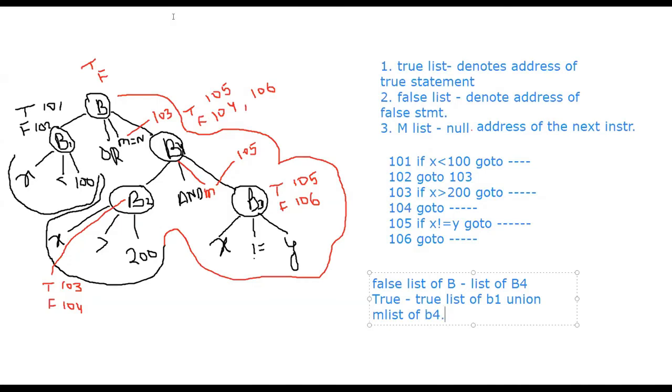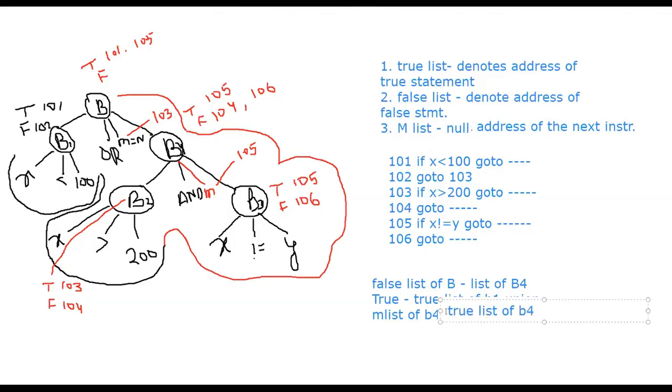Now let's make the true list for B. So what will the true list contain? True list will contain true list of B1, that is 101, and M list of B4, that is 105. Or you can call it the true list of B4.